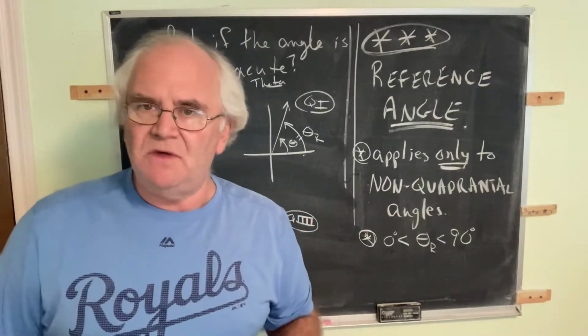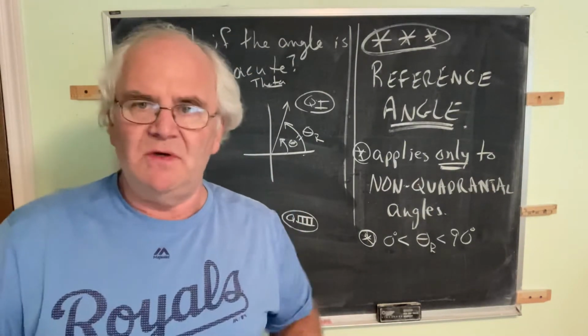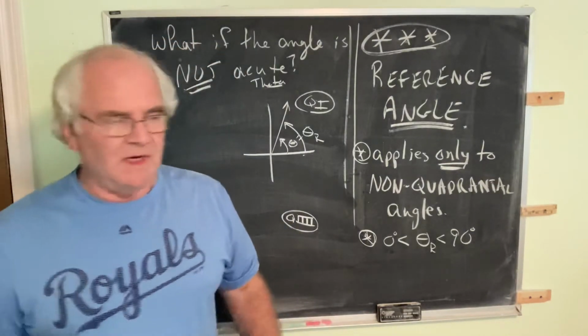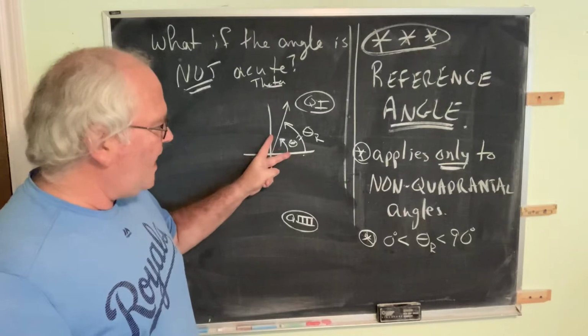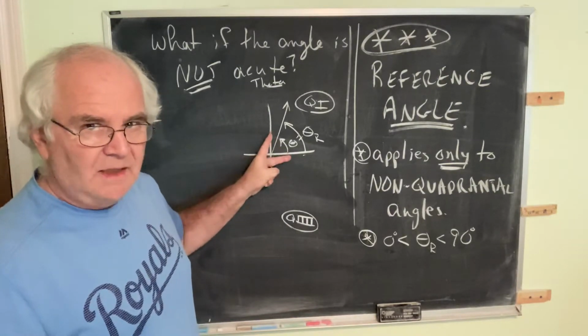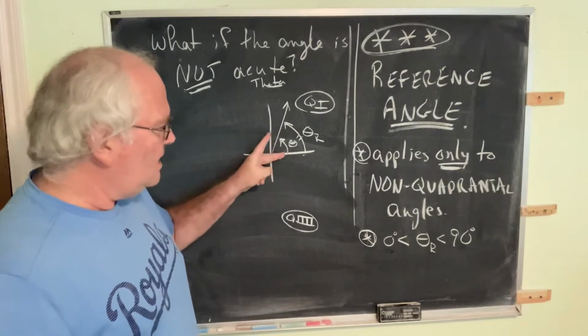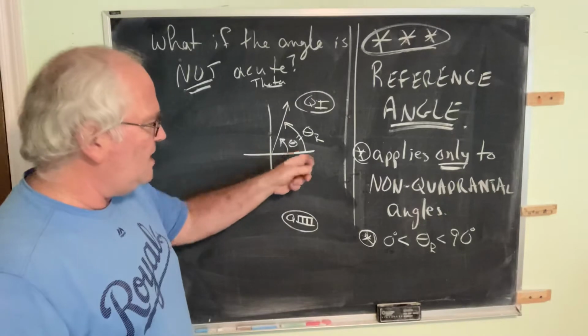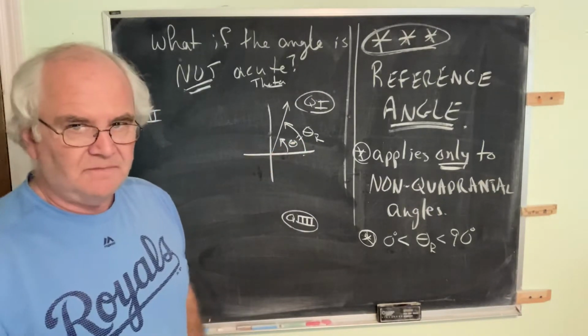If theta is 72 degrees, theta reference is 72 degrees. If theta is 12 degrees, theta reference is 12 degrees. In quadrant 1, theta and theta reference are the same angle. So if theta is 42 degrees, theta reference is 42 degrees. All right?